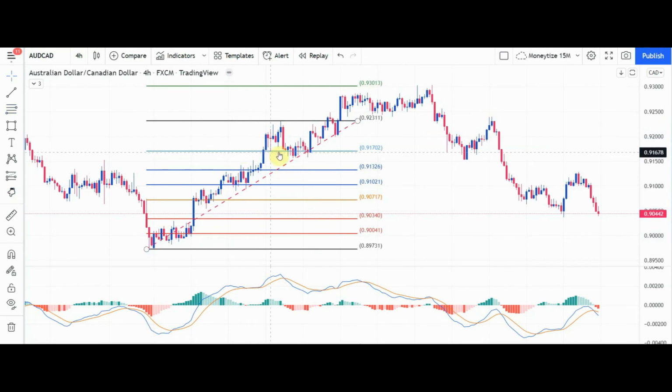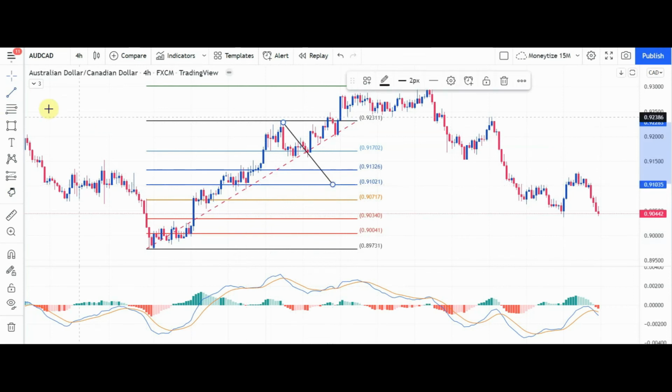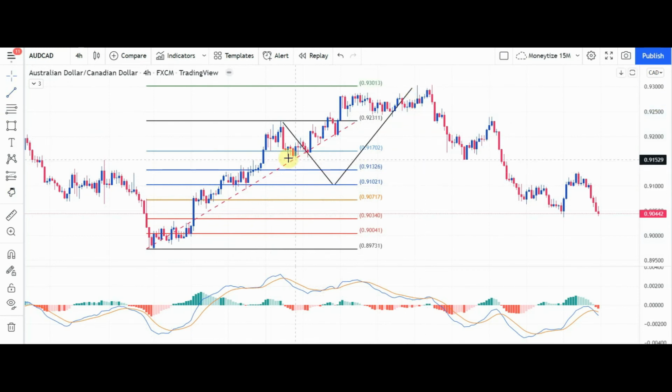So the first one is just a 23% retracement. If my rule says it should come back to at least 50 to 61.8, then it should have retraced at least till this level, and then I would have taken the trade and joined the continuation higher. Otherwise, I'm not going to take this setup.